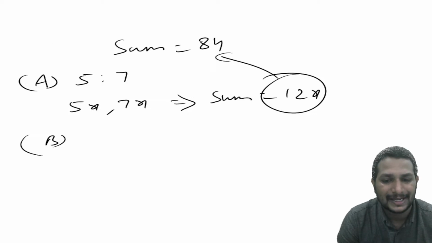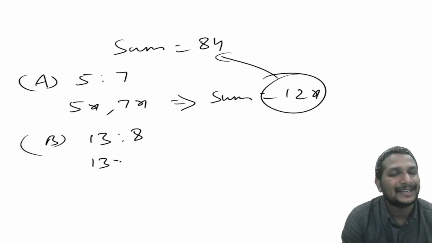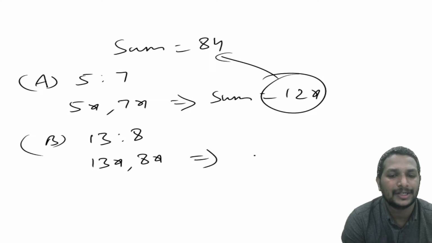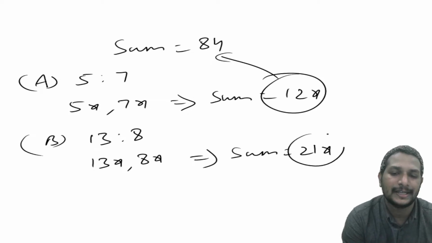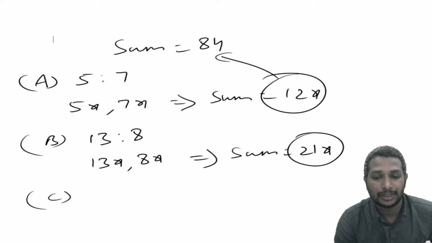Next, the second option, 13:8. 13x, 8x. The sum is 13 plus 8, which is 21. 21 also divides 84, so it is also one of the possible ones.